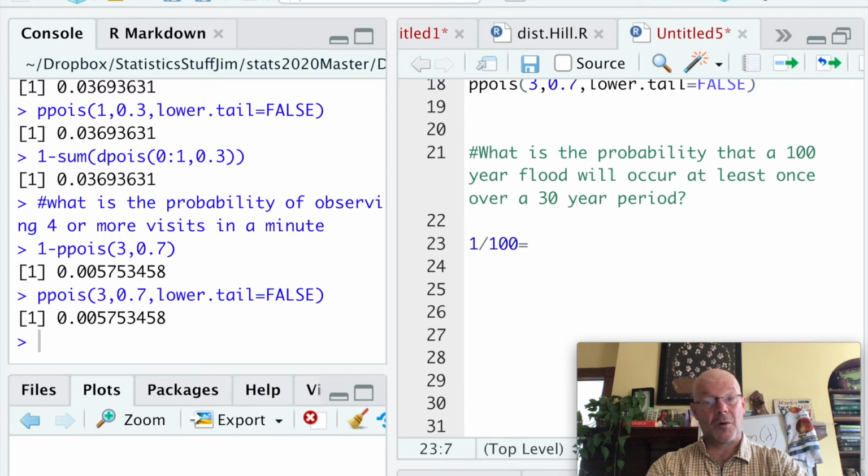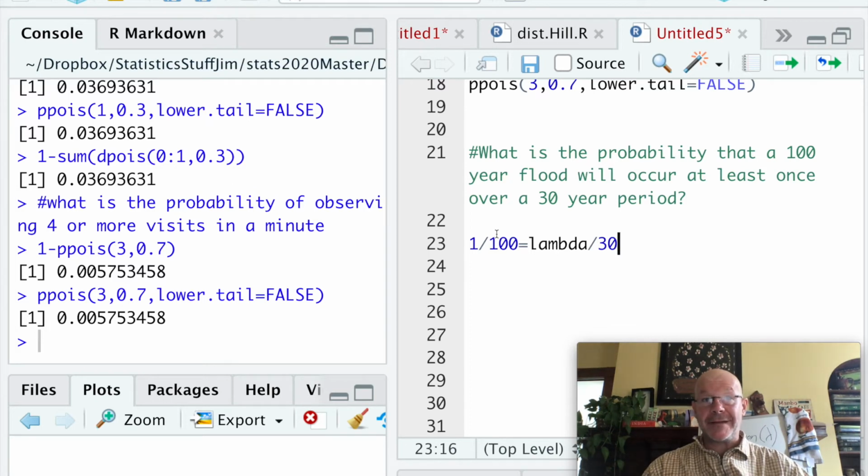We'd say 1 out of 100 is equal to lambda over 30. Because what we're going to want is for it to be in units of the expected number of floods over a 30-year period, given that we are already expecting 1 out of 100.